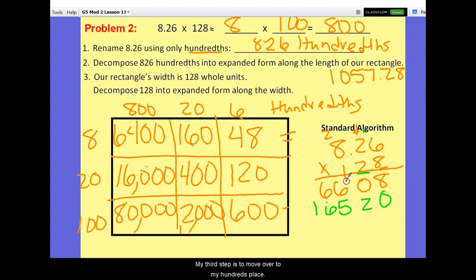My third step is to move over to my hundreds place. So I need to have a 0 in my ones and a 0 in my tens place. Now I'm looking at 1 times 6 is 6, 1 times 2 is 2, and 1 times 8 is 8. I add those up.